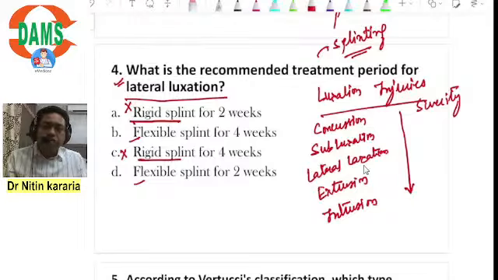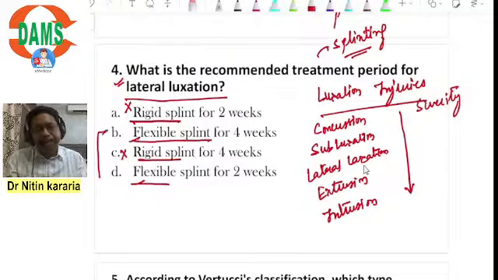Why do we not give rigid splinting? Because a rigid splinting, which is done with a thick wire or immobilizable component, does not allow normal physiologic tooth movement, and because of that there are chances of tooth ankylosis and tooth resorption. So to prevent that in all forms of trauma, we would prefer flexible splint only. So the options left are B and D.